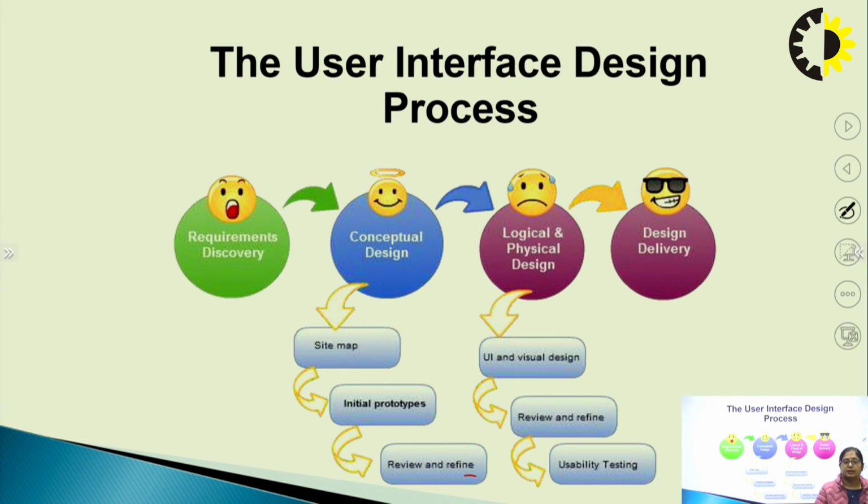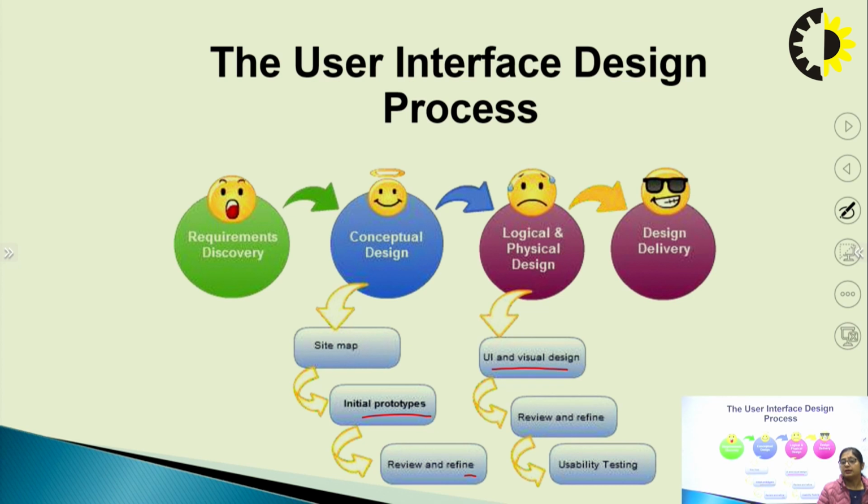Now the dummy structure, the initial prototype, is there. The next step is the logical and physical design. What do you do in the logical and physical design? In the prototype you developed, you will use the UI and the visual designs. Whatever user interface and visual designs you want to use, you want to include the checkbox, the radio button, the menus.